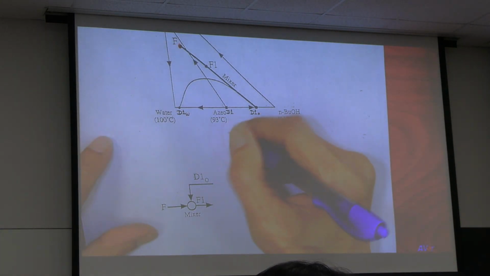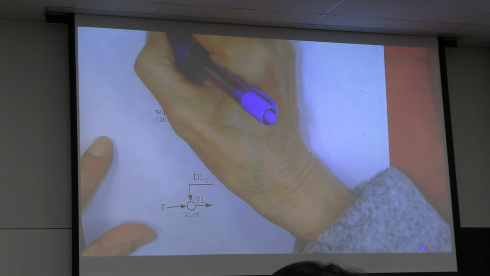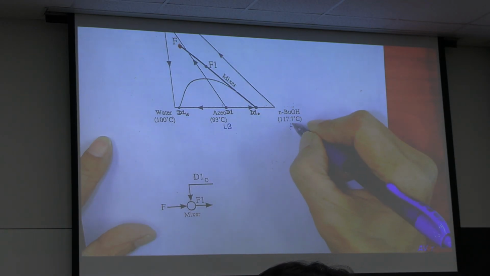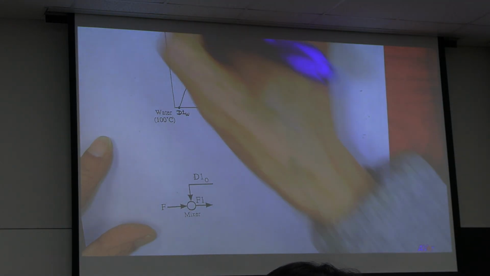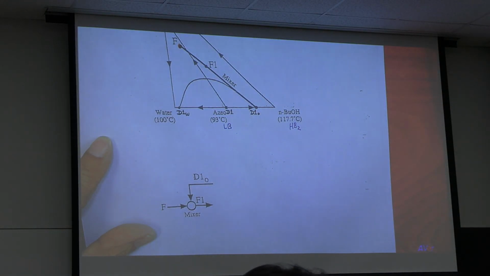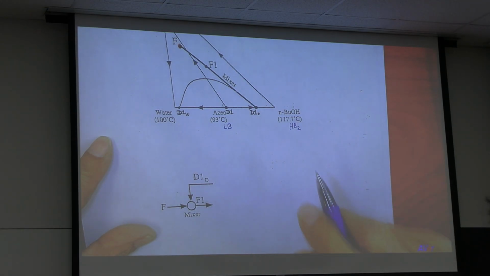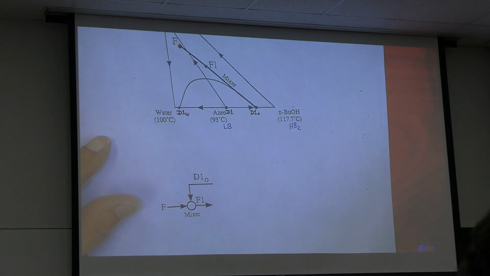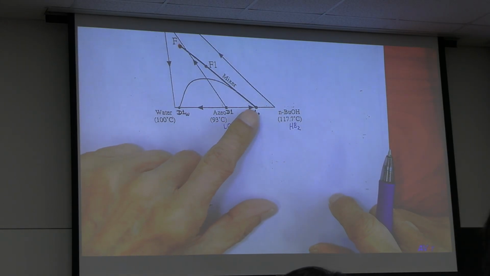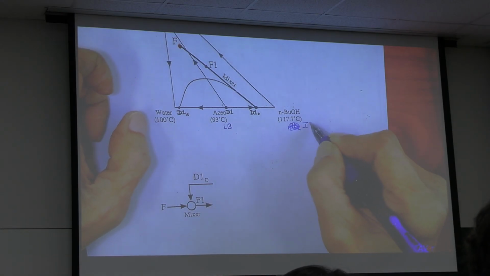So LB, IB, HB2, HB1. In this region, this is IB.